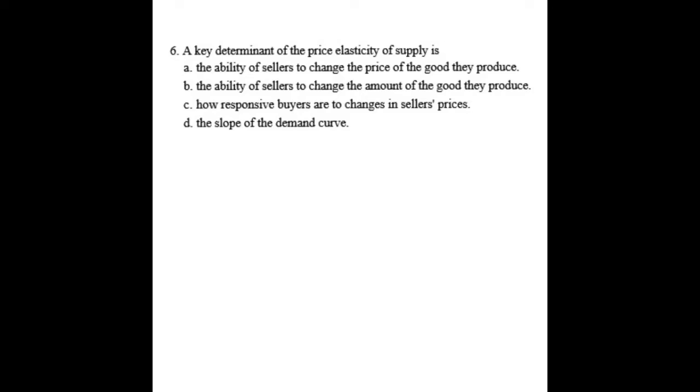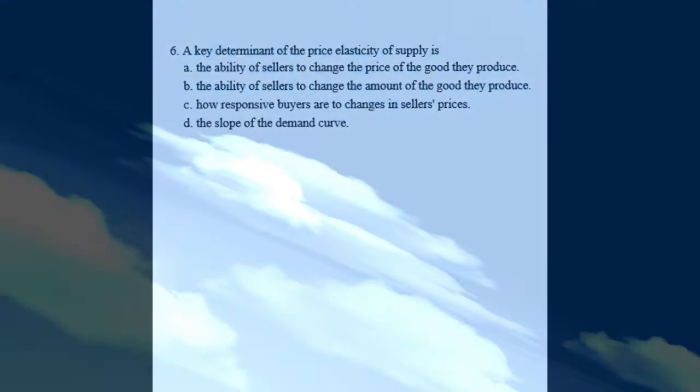Okay, so let's go back to A and B. A, the ability of sellers to change the price of the good they produce. Well, remember, price elasticity of supply is measuring how suppliers respond to a change in price, not how they can change the price. So A is not a possible answer. Okay. Correct answer is B, the ability of sellers to change the amount of the good they produce.